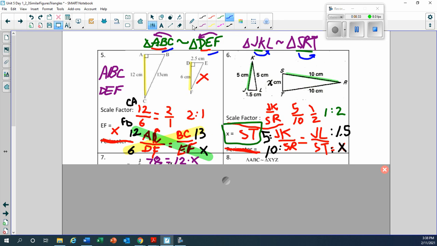So when you do that, what will happen is the following. 1.5 times 10, 5 times x, and we get a result of 1.5 times 10 is 15 equals 5 times x, 5x.